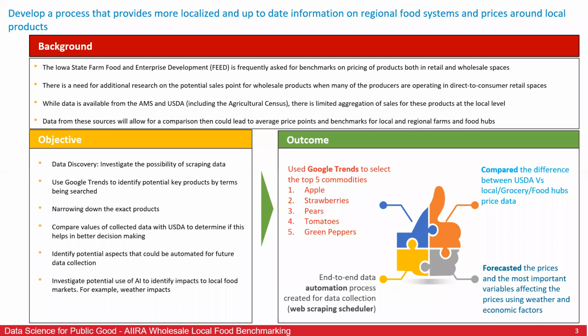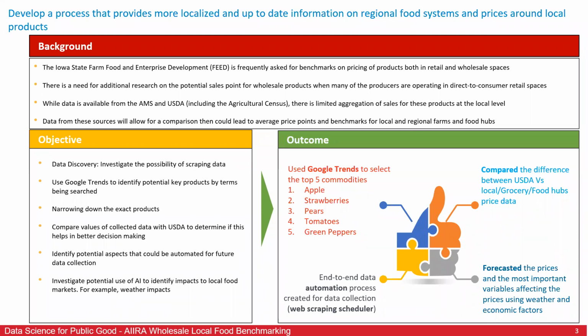Although there is data available from USDA AMS, there's limited aggregation of these products for sales at the local level. So there was a need, and there is always a need, for additional research to get the prices for wholesale products. As today's pattern is, many producers are operating in direct to consumer retail spaces.